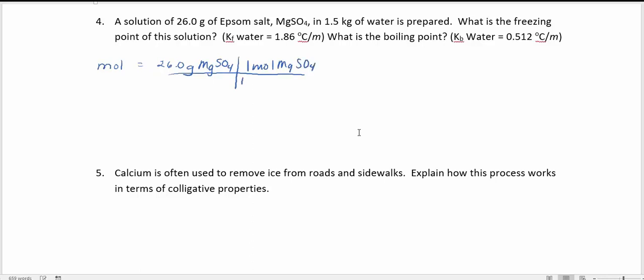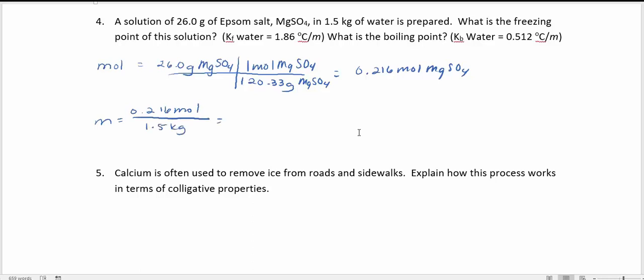I found the formula mass to be 120.33 grams. And then the moles, I have 0.216 moles of magnesium sulfate. So the molality will be those moles divided by the kilograms of the solvent, 1.5, for a molality of 0.144 m of the solution.